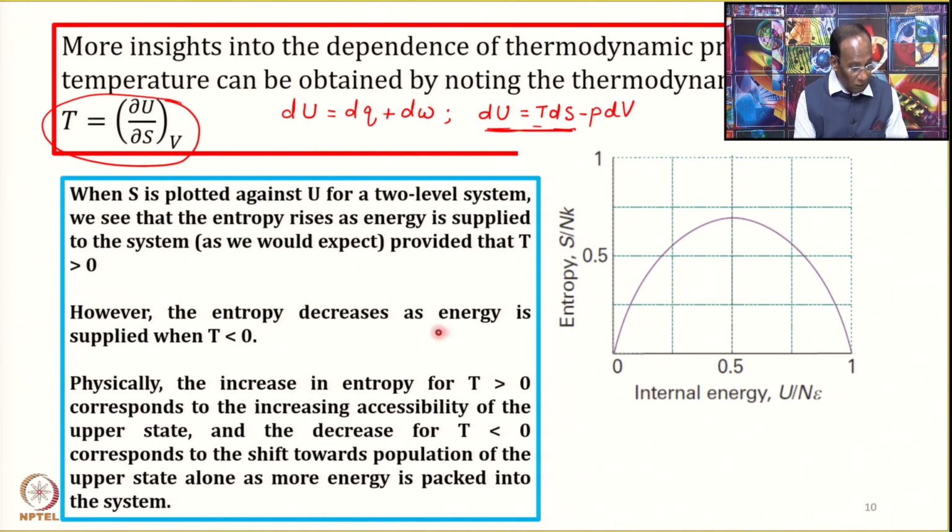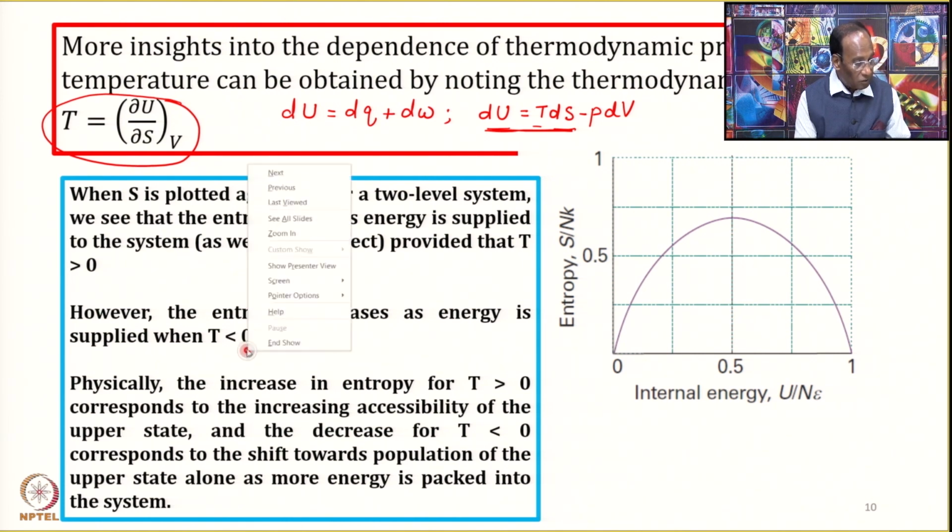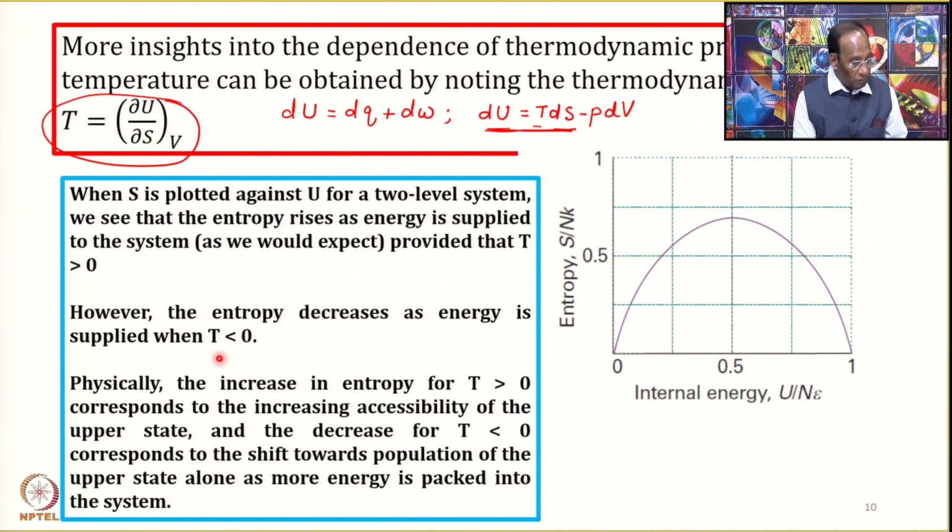However, the entropy decreases as the energy is supplied at T less than 0. So what does it mean? That if you supply energy, del U is positive, and the entropy decreases, del S is negative, that means we are talking about negative temperature.